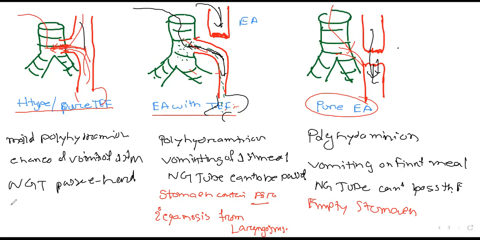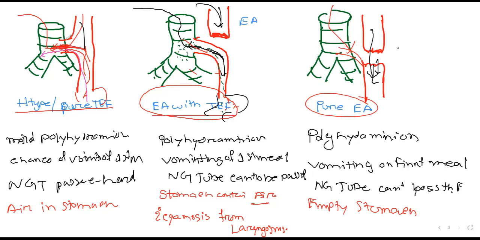So we can see air in the stomach, and just like the esophageal atresia with fistula type, gastric acid can also regurgitate back into the trachea from the stomach.